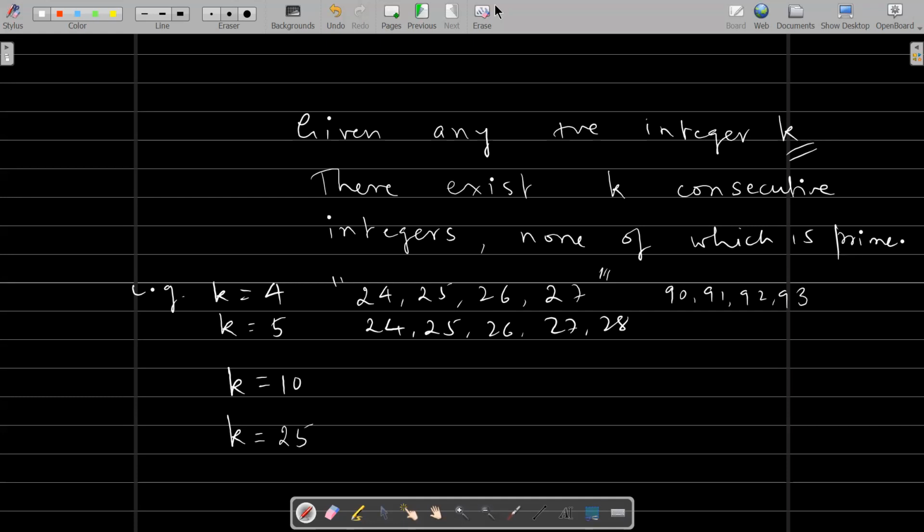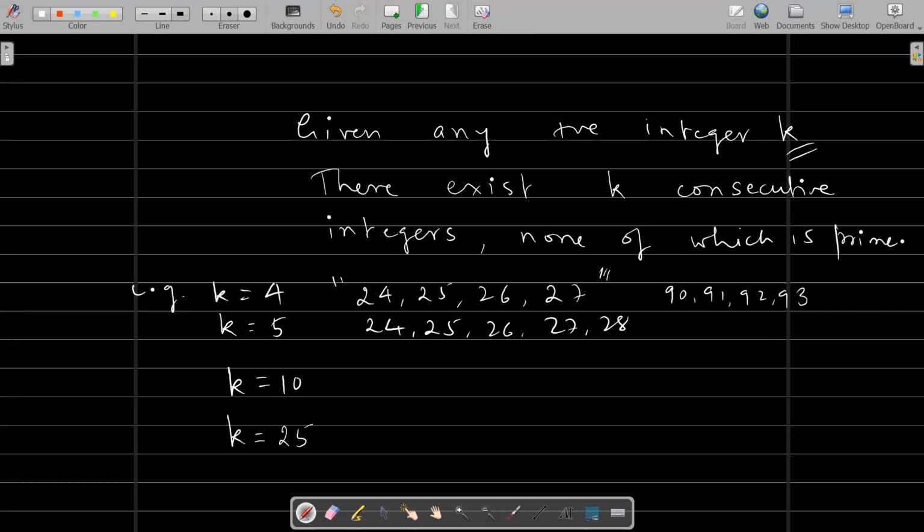I'm just sending you in chat. One sec. I'll just make this a bit simpler. Dhruva, 97 is prime. It's not composite. Oh, yes, Siddharth. Yeah, good.